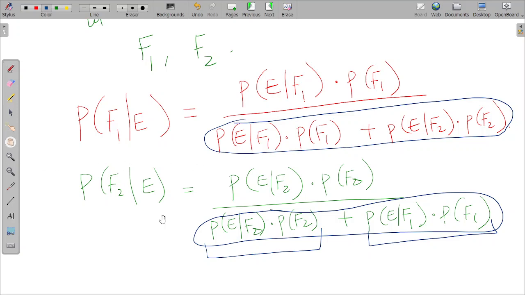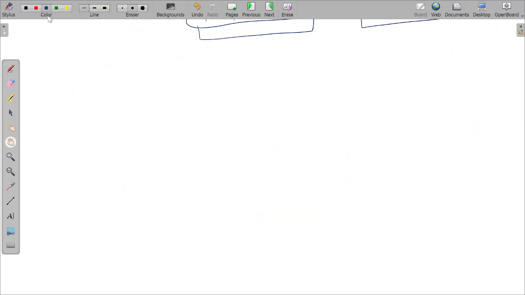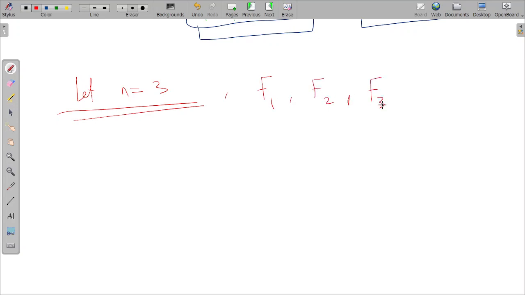But if F is in 3 parts, let n equal 3. That means we are going to have F1, F2, F3.